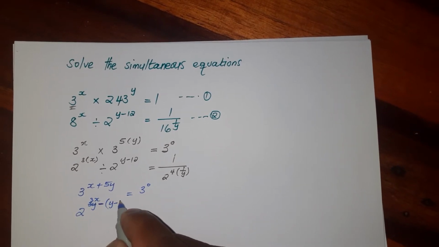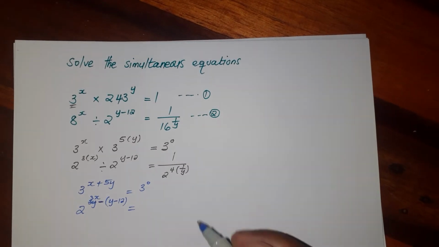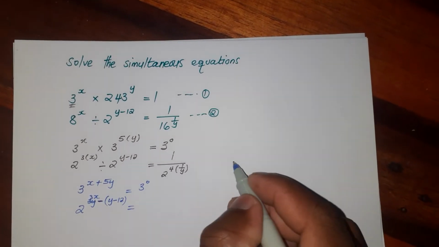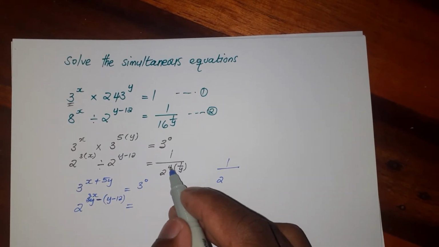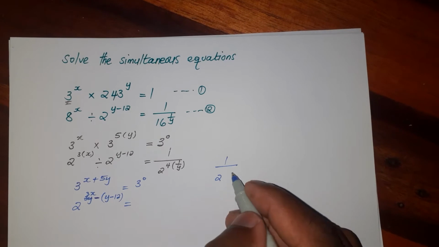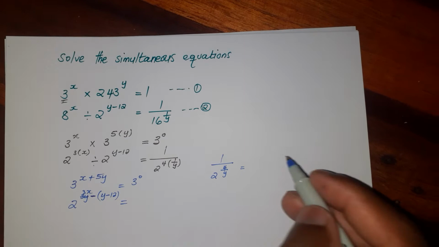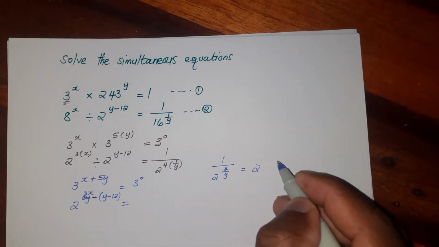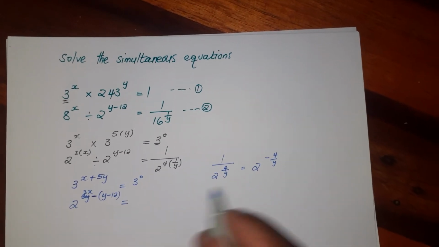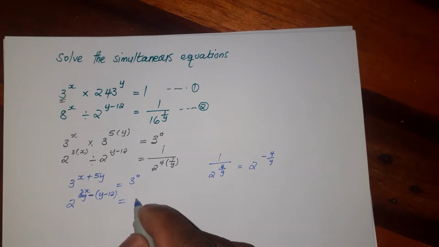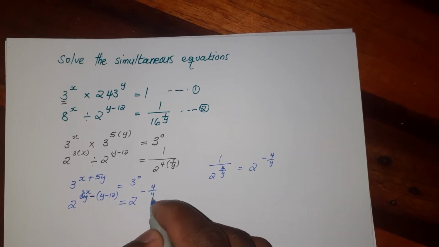Then we have y minus 12 equals, now this we can rewrite as 1 over 2, we distribute this 4, what we have inside there, then we are going to have 4 over y. But this is the same as writing 2 to the power negative 4 over y. So I will now write that instead of writing that fraction. So I can now write 2 to the power negative 4 over y.